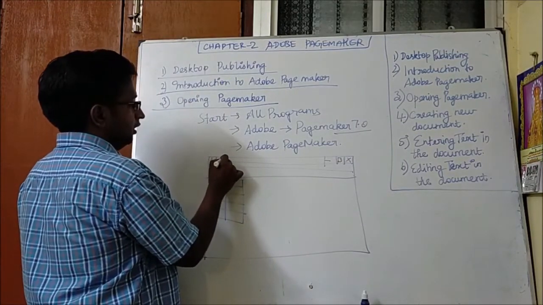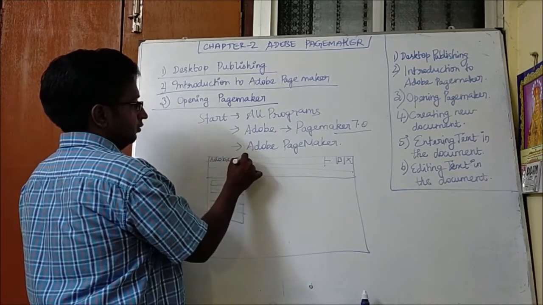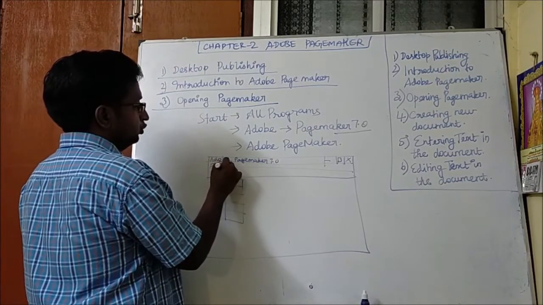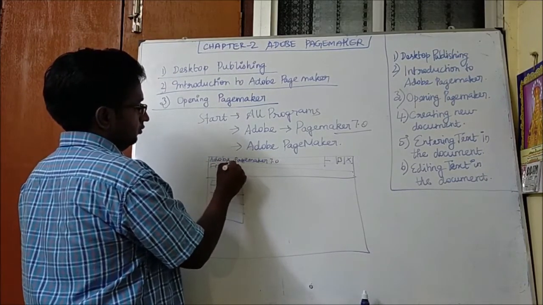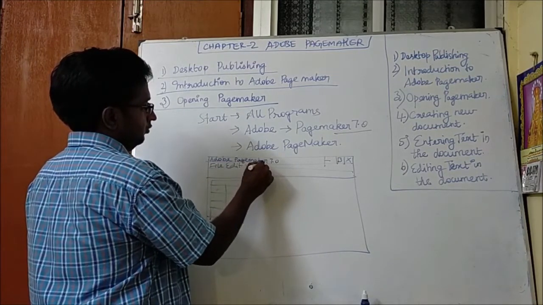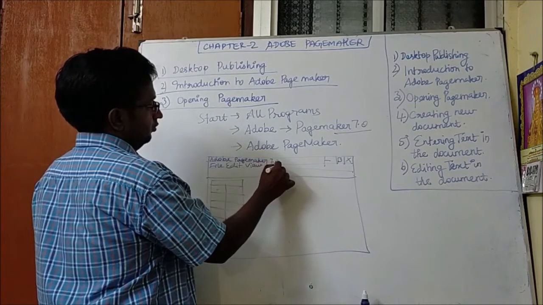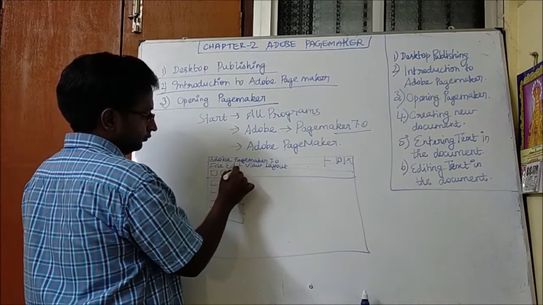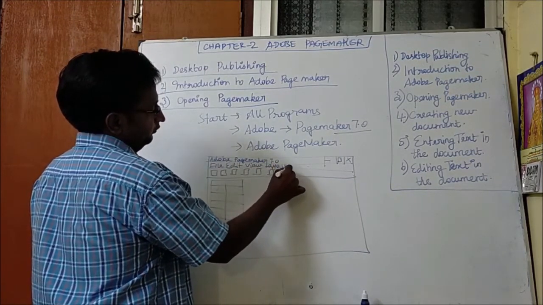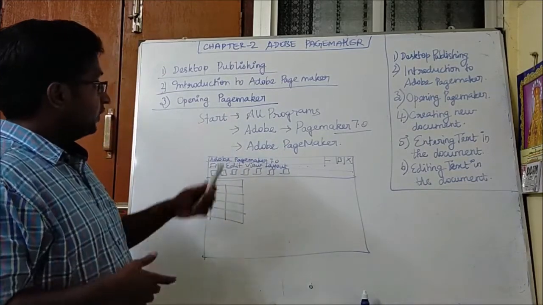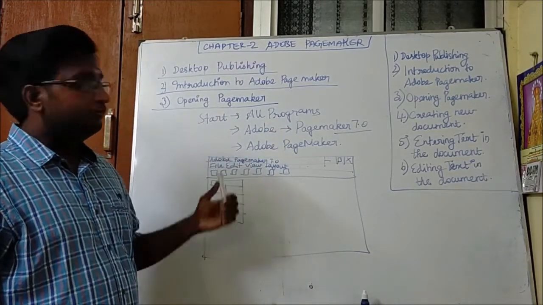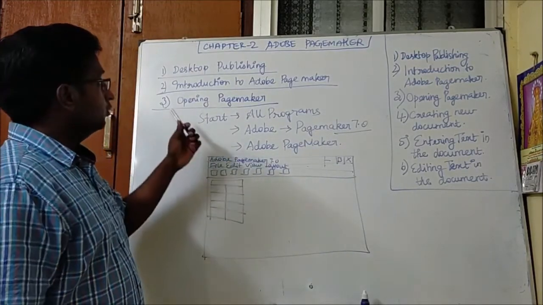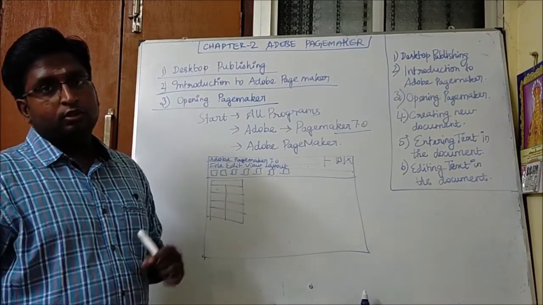We will have Adobe PageMaker 7.0, the menus, and the toolbar. You will have various tools here. By selecting these options, the basic PageMaker window will open. So this is how we open the PageMaker software.